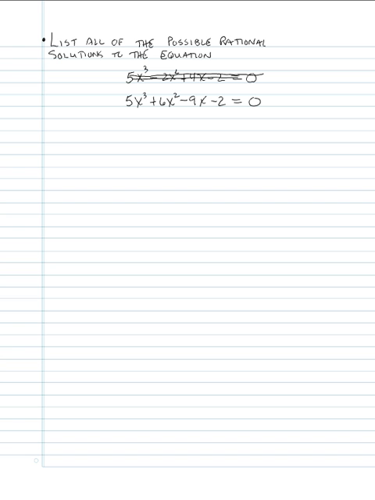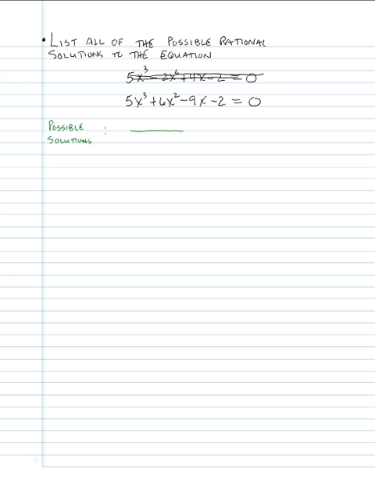Okay, here we're to list all the possible rational solutions to the equation 5x cubed plus 6x squared minus 9x minus 2 is equal to 0. So what we do is we create a list of fractions, possible solutions, rational solutions.